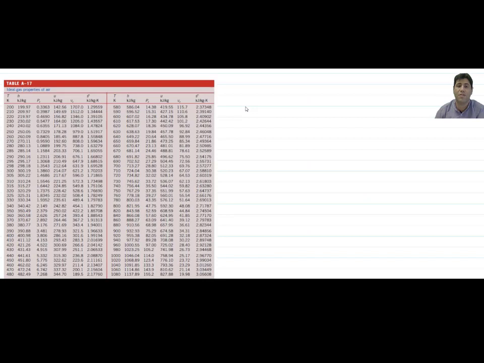Okay, now let's see how we can find temperature and enthalpy for state 2 in this diesel cycle, by interpolation from this table A17, which is the table for thermodynamic properties, or properties of air as an ideal gas.